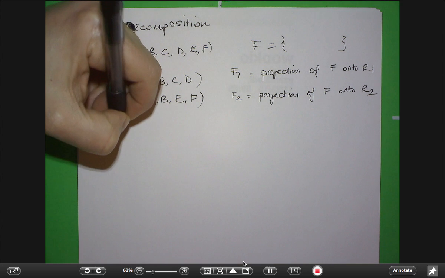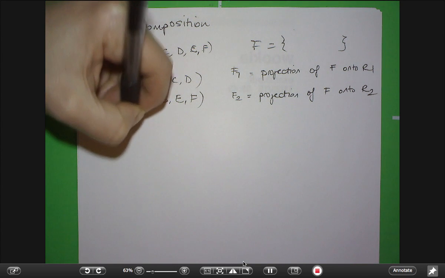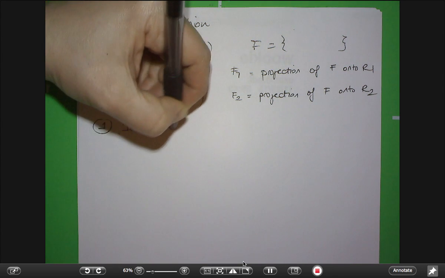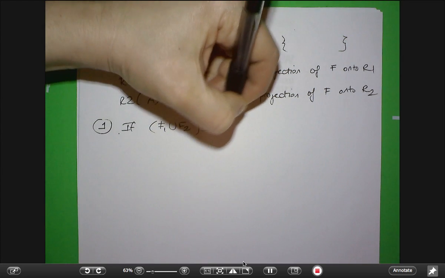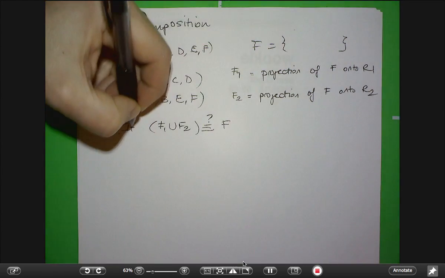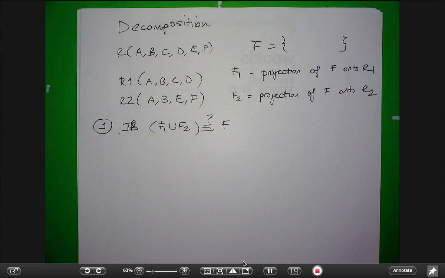So then I will ask, is F1 union F2 equivalent to F? Okay. So if I take the union of these two, will it give me the same exact thing? If so, I will say that this is dependency preserving. Whatever was original dependencies, I can still enforce them in the resulting relations.